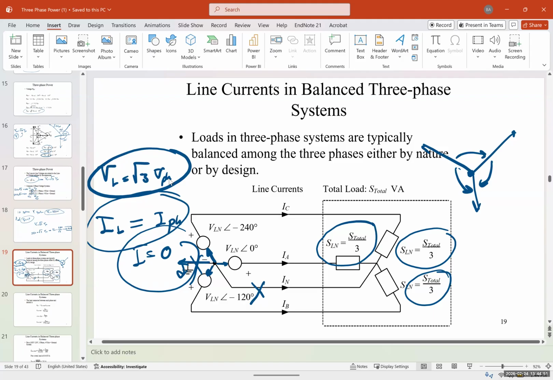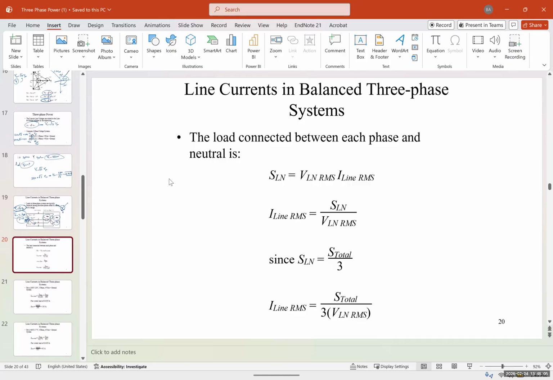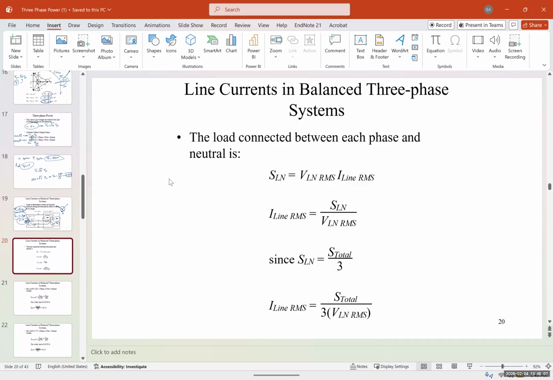But there's a catch. You must balance the 3-phase. If one of the phases has a slightly higher current or voltage, it's going to throw it out of balance. You're going to have current going through the ground. But in a 3-phase system, when we generate in a Y connection, we only have 3.